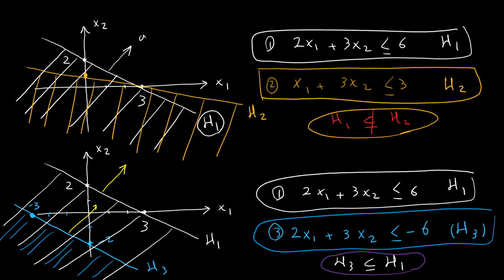So these two are parallel, and actually in this case these two are exactly equal because we have 3, 3 and 2, 2 here. And in the next slide, I am going to introduce all the conditions under which one half space is contained in another one.